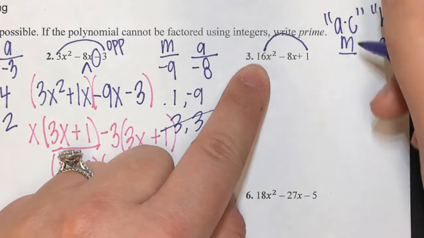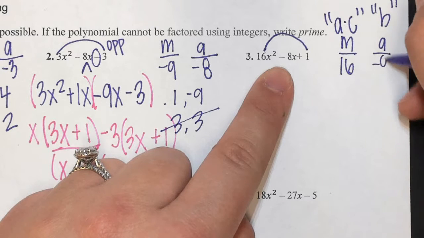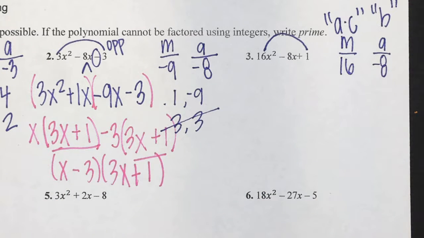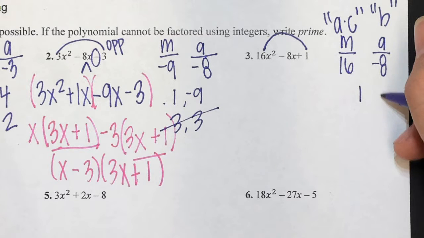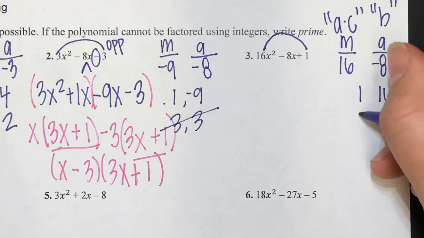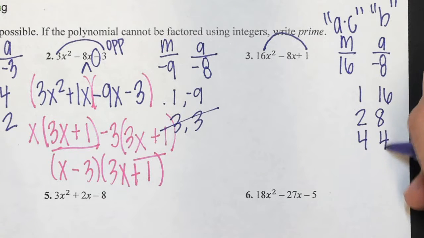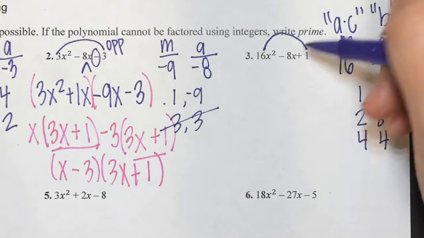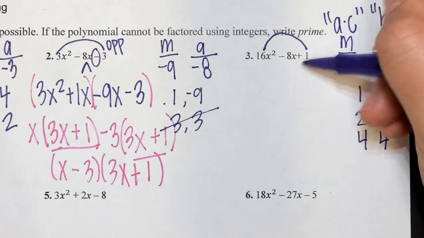So A times C is 16, and your B is negative 8. And then you write down numbers that would multiply to 16: 1 and 16, 2 and 8, 4 and 4. The back guy tells you that they're both the same.